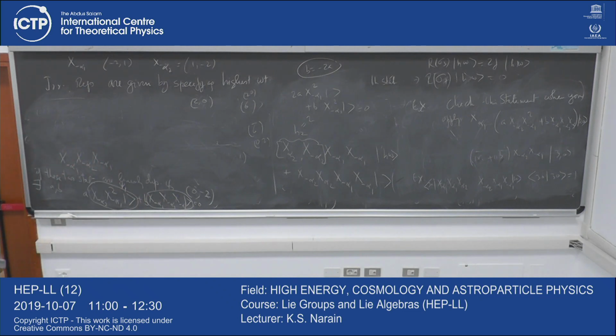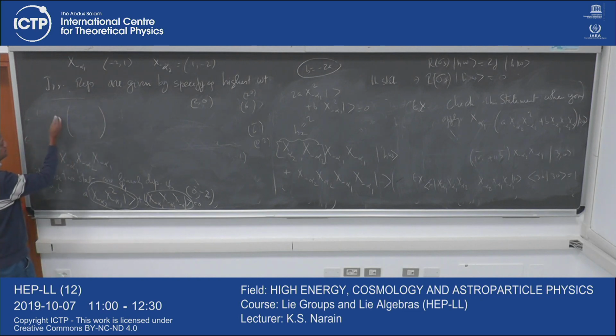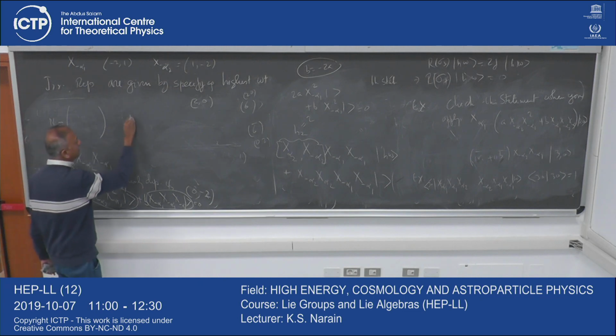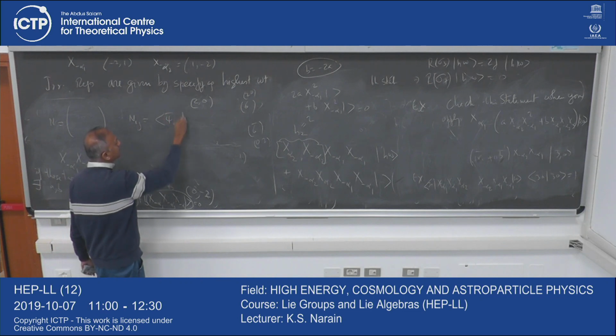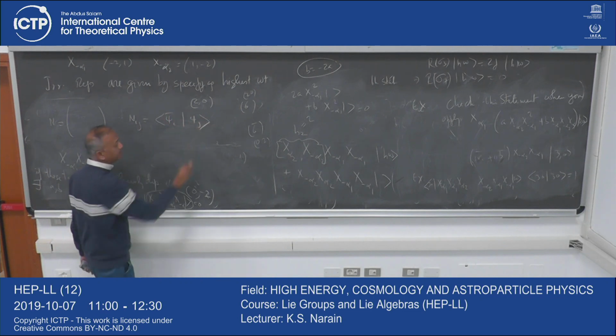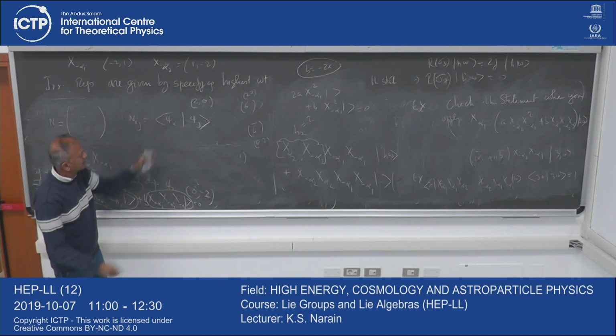Okay? Two states. Then what I can do is construct a 2x2 matrix, let's call it the N matrix, where N_ij is nothing else but the inner product between psi i bar and psi j. Psi i bar meaning the dagger, sorry. Let me just write it like that.